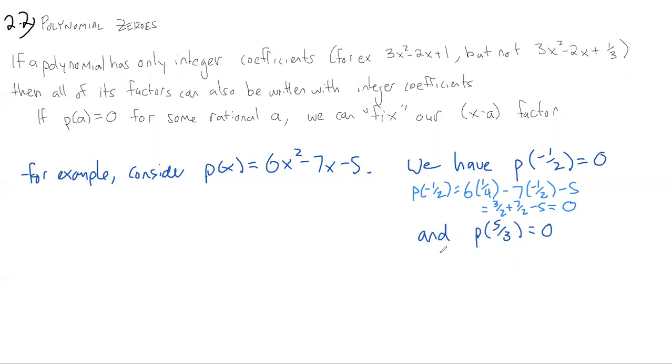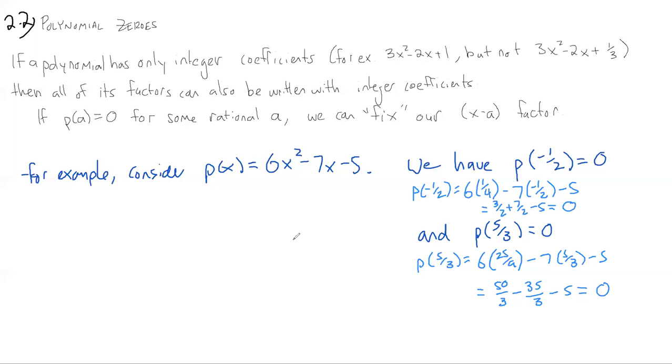And then p of 5/3: I'll get 6 times 25/9 minus 7 times 5/3 minus 5. I can cancel out a 3 from the 6 and 9, leaving 50/3 minus 35/3, which is 15/3, which is 5, minus 5 is 0. So you can check my math, pause it, whatever you need to believe me. Those are both zeros.